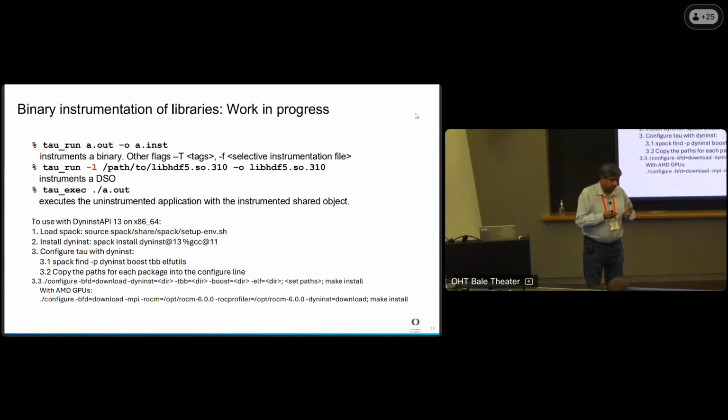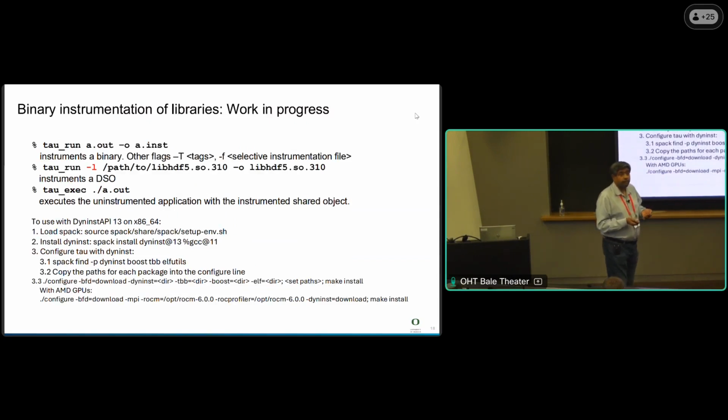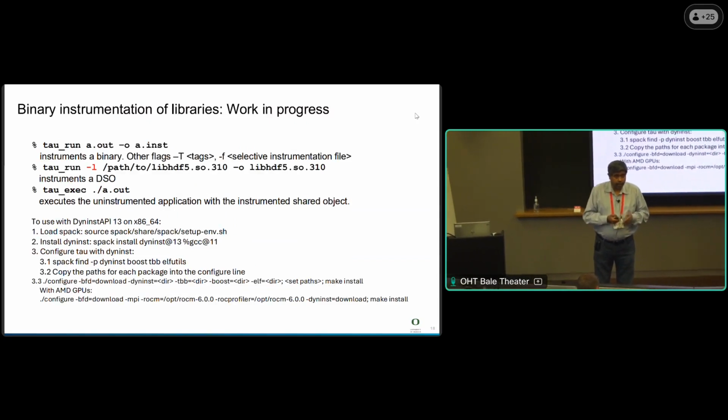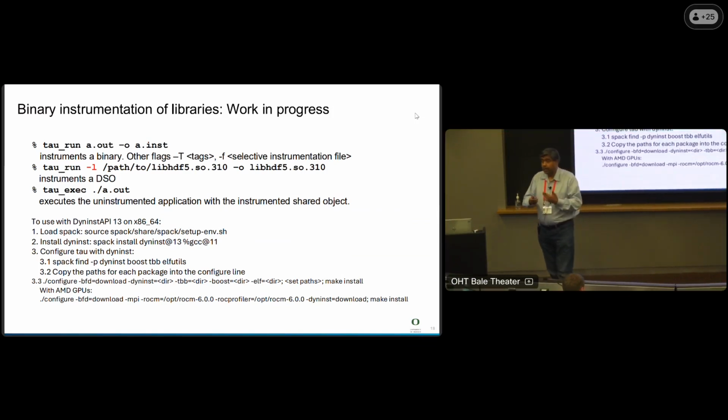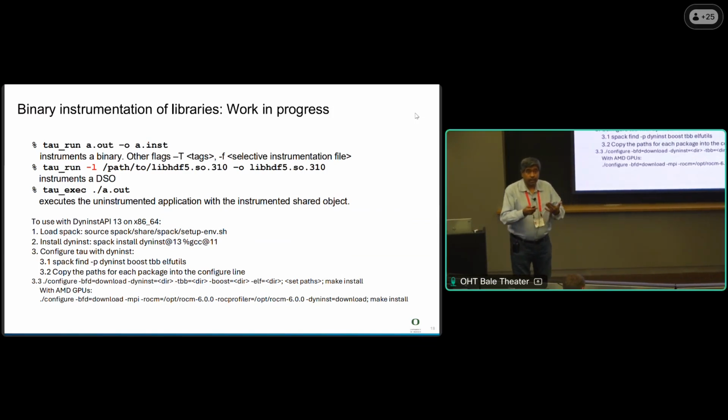But now, if your application was complex and you didn't want to instrument the whole application, if you said, I am only interested in instrumenting the HDF file library, say, then you could pick the library and rewrite that binary for the library in a different directory, set the load library path, and run the application unmodified with the rewritten binary. So you will be able to see the entry-exit instrumentation that comes from that library.